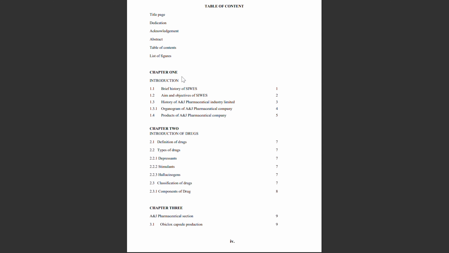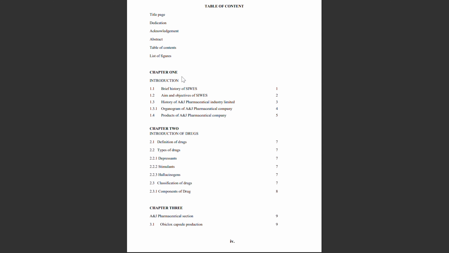And then another thing that should be in that chapter 1 is you look at your place of assignment. Try as much as possible to also give us the history of the place where you did your IT. And then, give an organogram. When we're talking about organogram, it is more like a company structure.